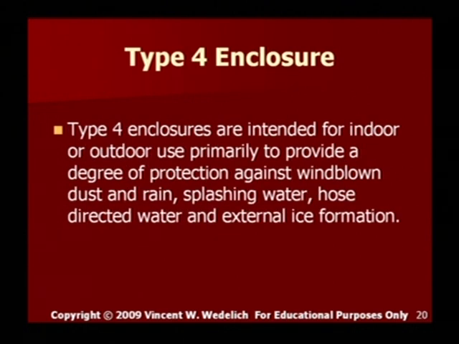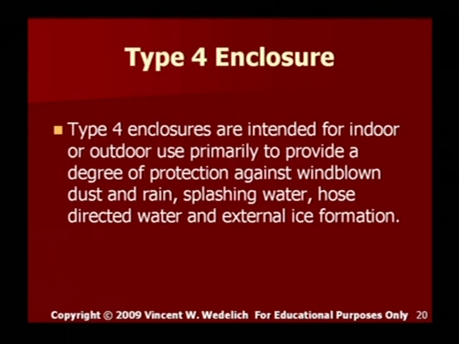Type 4 enclosures are intended for indoor or outdoor use, primarily to provide a degree of protection against windblown dust and rain, splashing water, hose-directed water, and external ice formation. So here you have a type 4 enclosure, and you could take a garden hose and spray that enclosure at different angles, from the bottom up, from top down, and it won't get the equipment inside that enclosure wet.